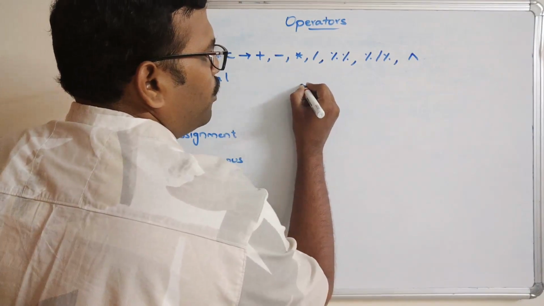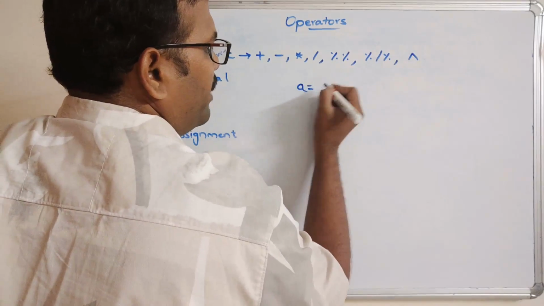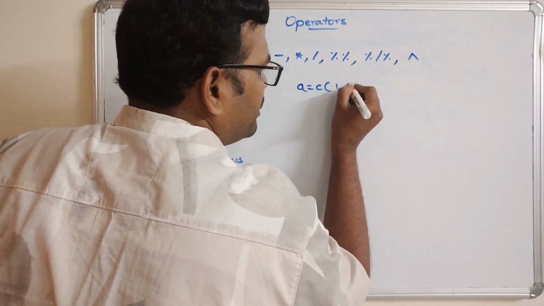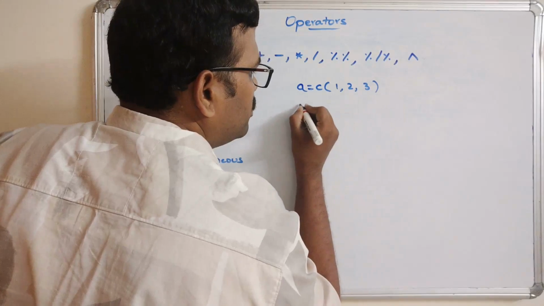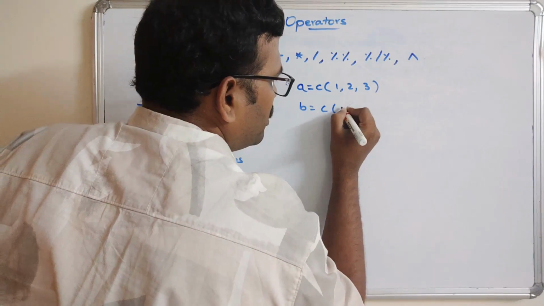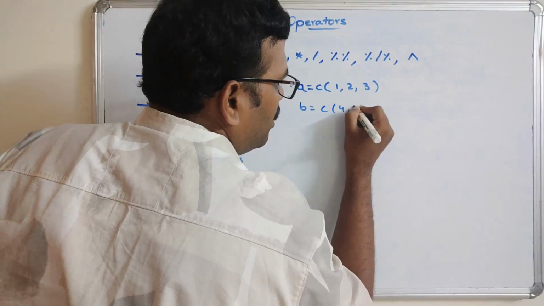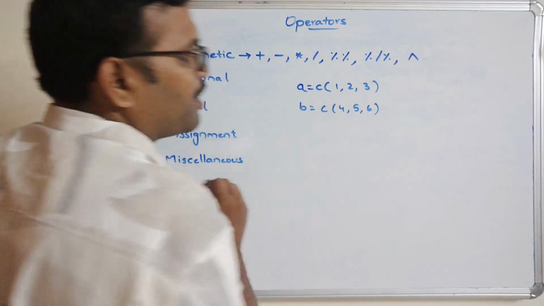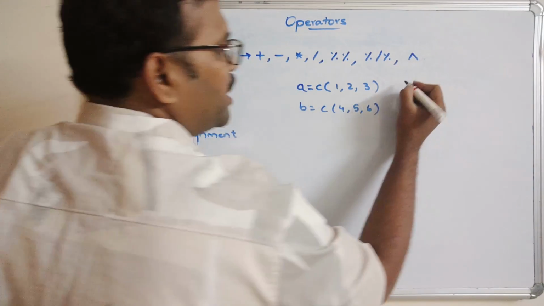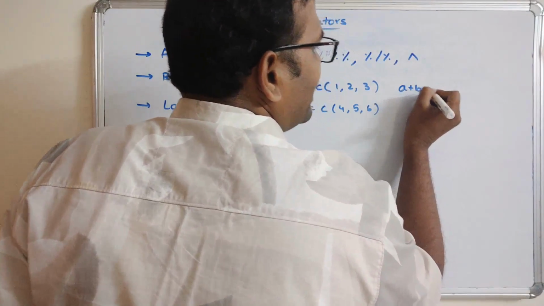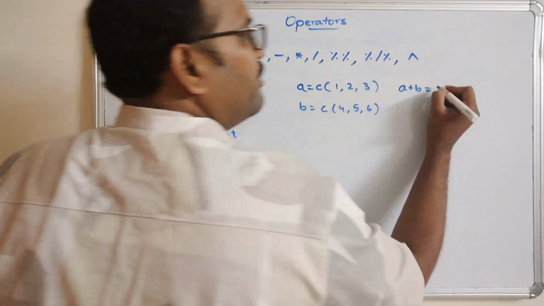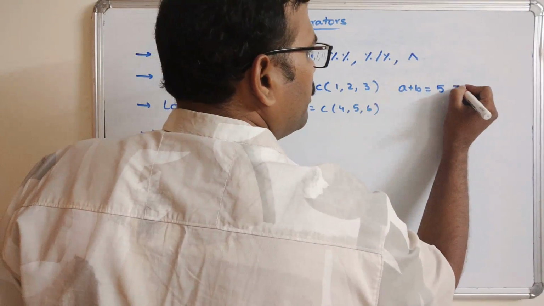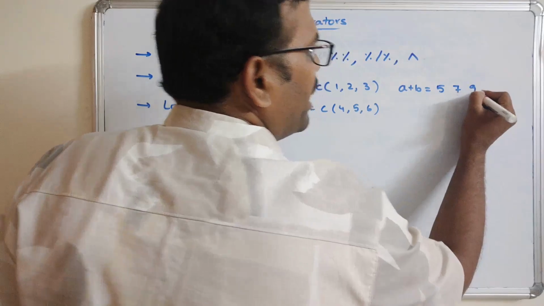If you go with an example, let us take some vector a as 1 2 3, and b is also a vector, 4 5 and 6, right? If you go with a plus b, the result will be 1 plus 4, it will be 5, 2 plus 5, it will be 7, and 3 plus 6, it will be 9.